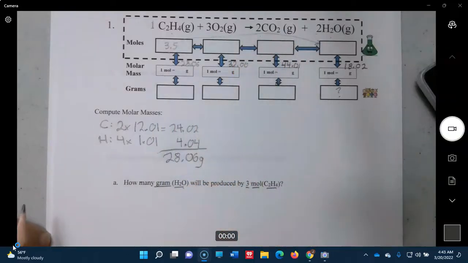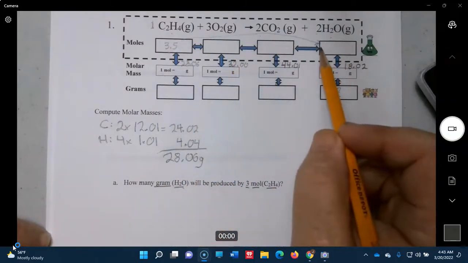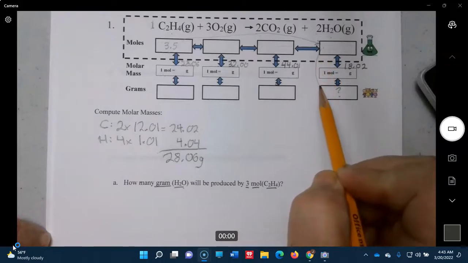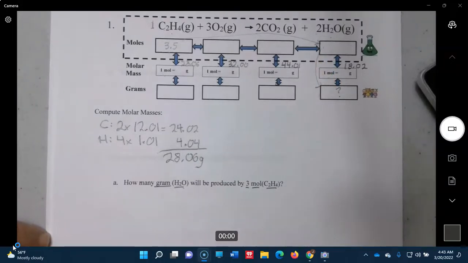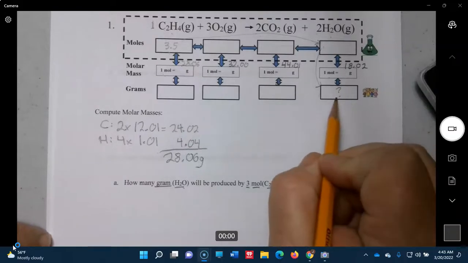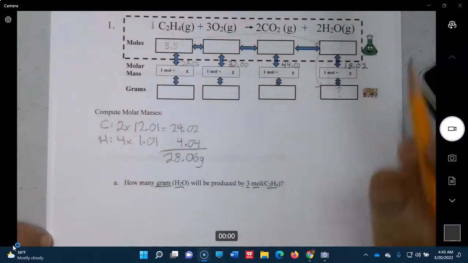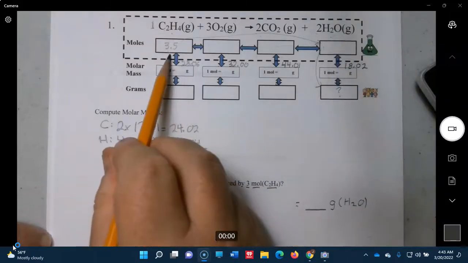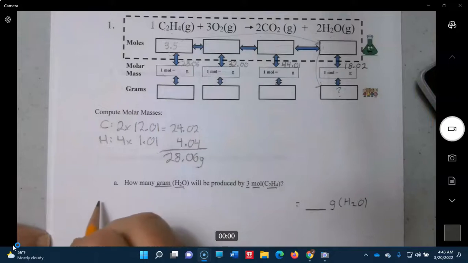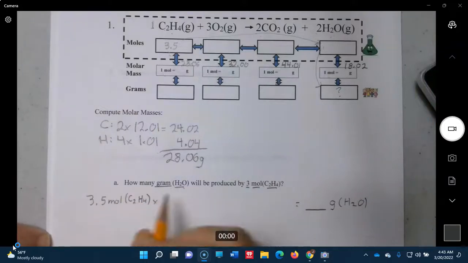That's one conversion. The second conversion is we go from this box down to our question mark for our final answer. So it's going to be a two box problem. Over here we'll write what we're looking for, grams H2O, and what we're given is 3.5 moles of C2H4. It's going to be 2 boxes or 2 conversions.